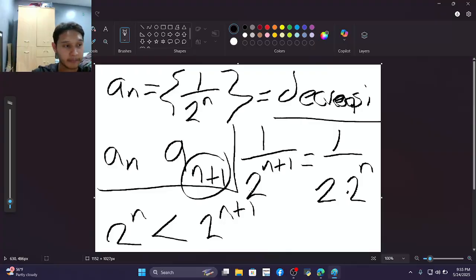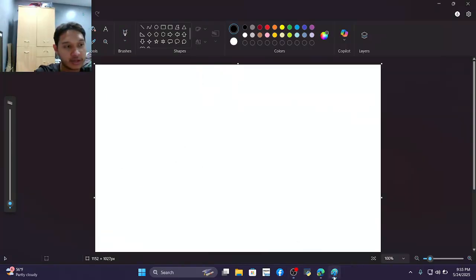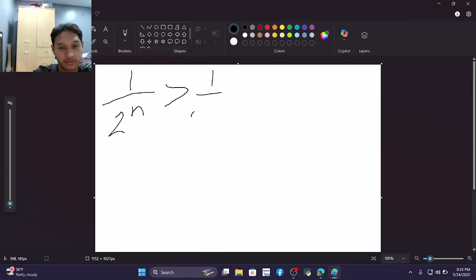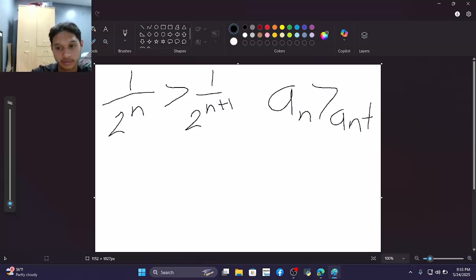So therefore we can write that 2 to the n is smaller than 2 to the n plus 1, and so a sub n is larger than a sub n plus 1. There you go. So the sequence is decreasing.